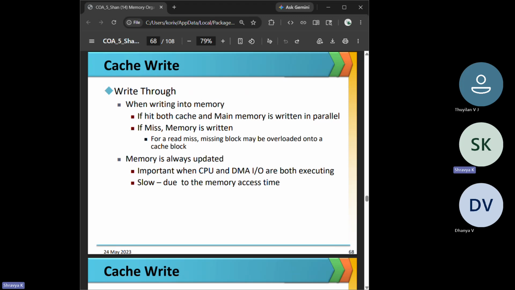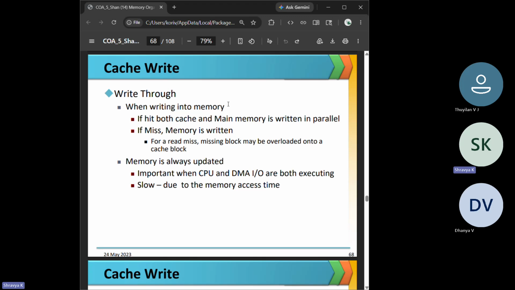If you have a read miss, then the missing block should be overloaded onto the cache block before you write it, right? So before you write, of course, you check whether it's there or not, and you have a read. When you have a read miss, you first have to overload the cache block with the missing block, and only then can you write. So if it's a hit, you can just write in parallel, whereas if it's a miss, you first have to load it into the cache and then write.